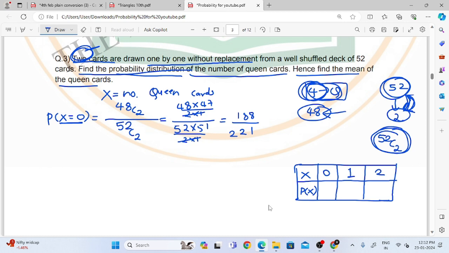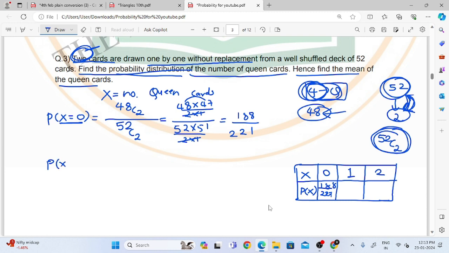Okay, then this is the probability of the first case, 188 upon 221. Just cancel out this 51, 48, you know. Otherwise you can just write down 48 into 47 as the answer in the numerator. After that 52 into 51, whatever answer you get in the denominator. Okay, this is the simplest calculation.